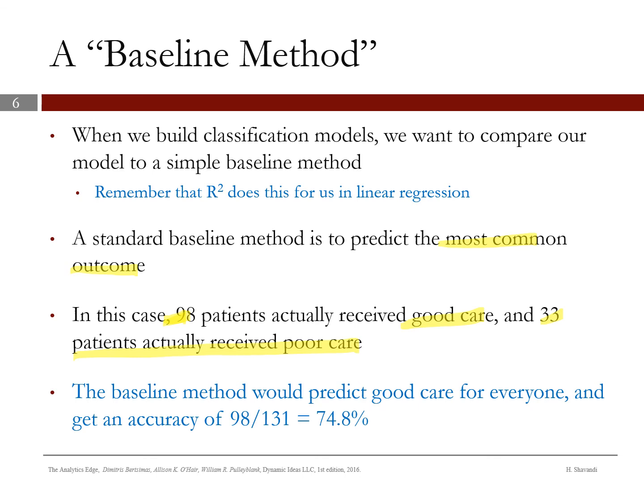So if we consider this baseline instead of random guess, then the accuracy of our baseline here becomes 74.8%, since we have 98 actually good cares among 131 patients.